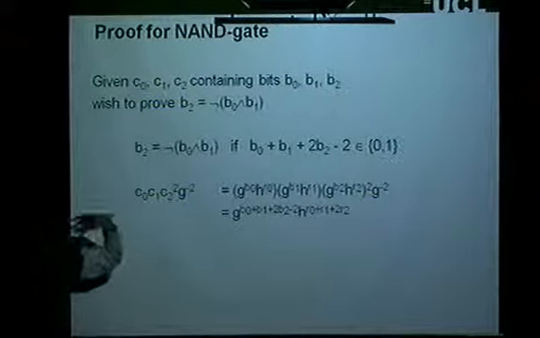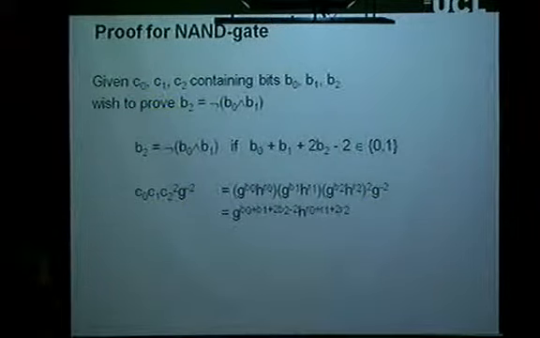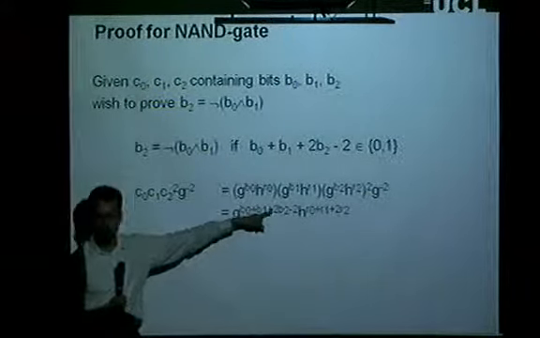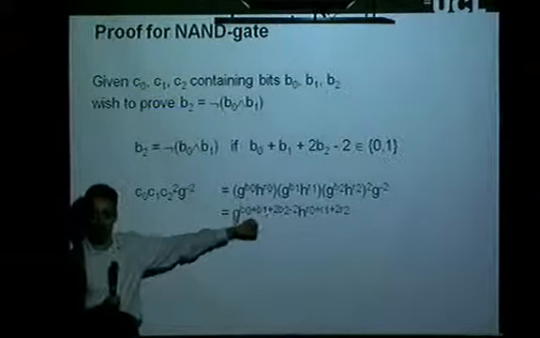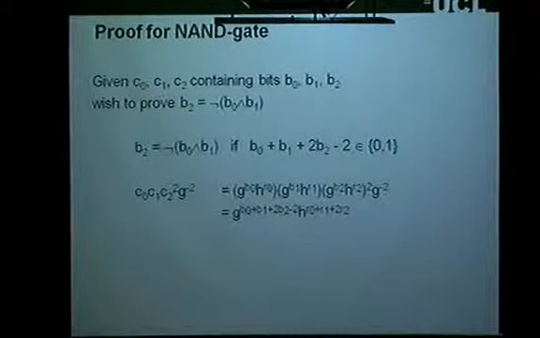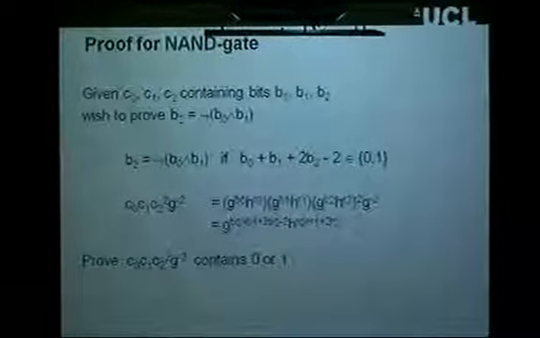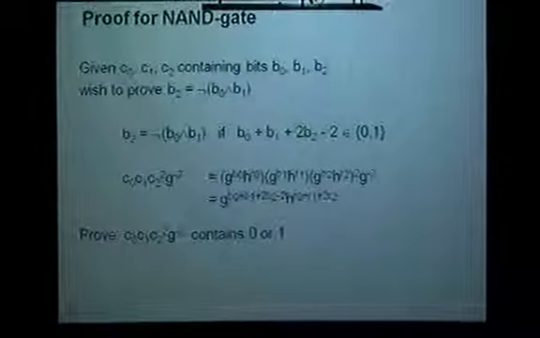And by the additive homomorphic property of the commitment scheme, that's actually the same as a commitment to b0 plus b1 plus 2b2 minus 2, which is exactly what we have up here. Now the prover will give a proof that this thing here is a commitment to 0 or 1. And if it's a commitment to 0 or 1, we know that, well, indeed, c2 contains the NAND of what is inside c0 and c1. So we can reduce the question of 3 commitments respecting a NAND gate to the previous proof we had that a commitment contains 0 or 1.